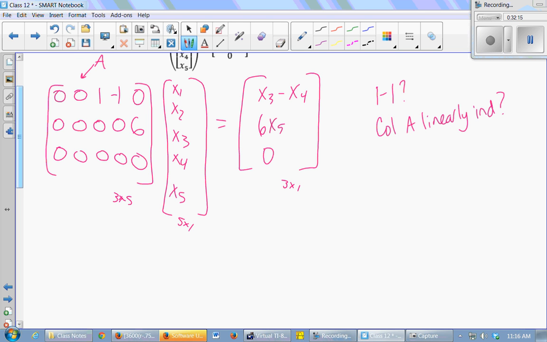How else could you recognize that they're not linearly independent? There are free variables, same thing, yeah. So we'll say no, and then we'll put a bunch of reasons why, right? So there's not a pivot in every column. There are free variables.